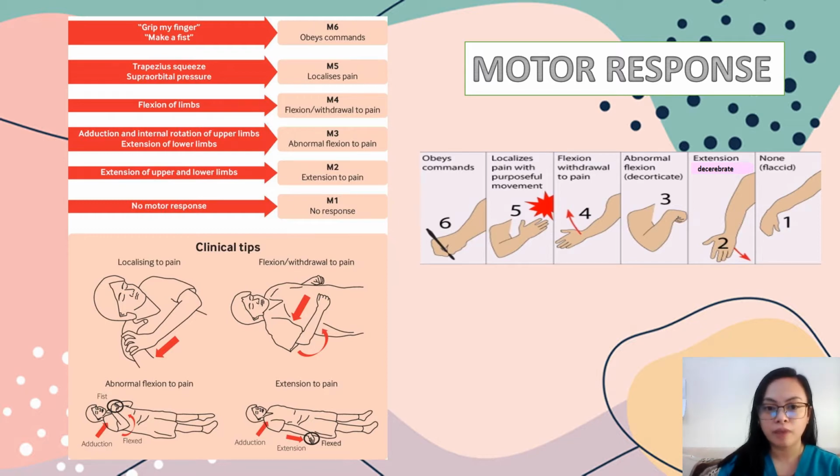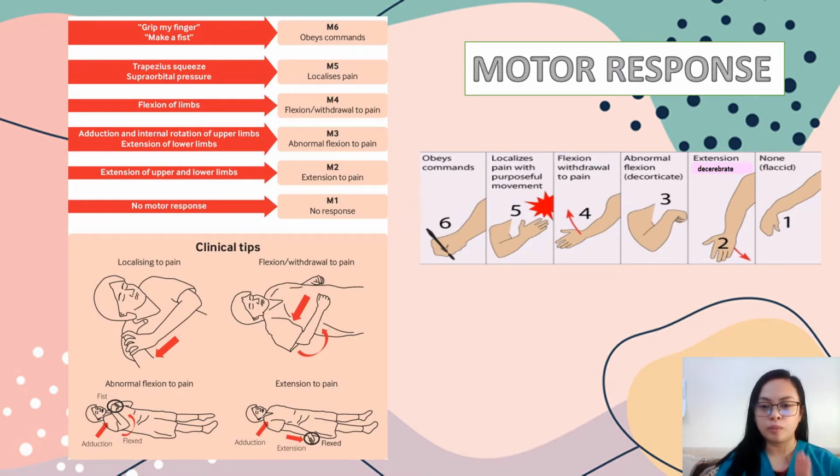For 5, when the patient localizes the pain, or reaches to the area where you inflict pain, like for example when you do the trapezius squeeze, then you score the patient 5. But if you do the squeeze and the patient withdraws from the pain, then you score 4.